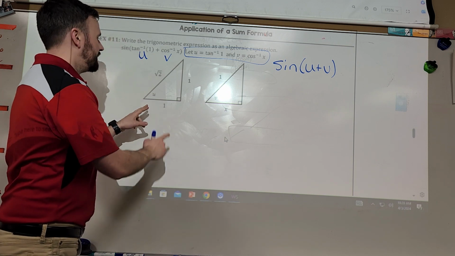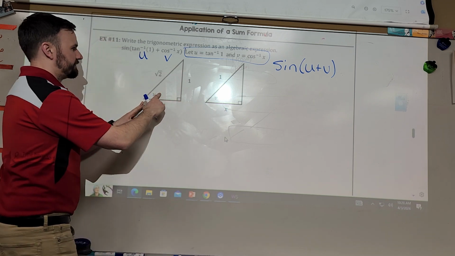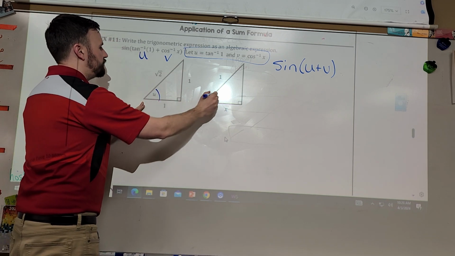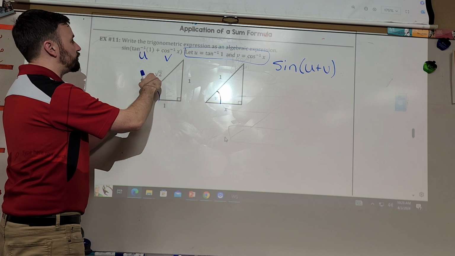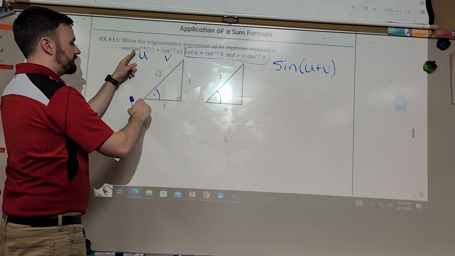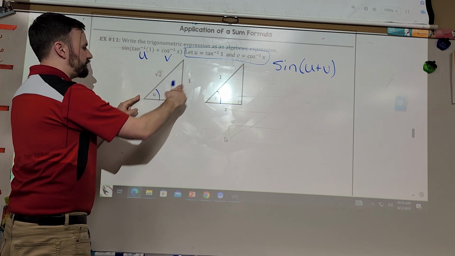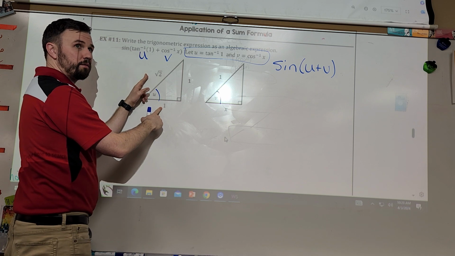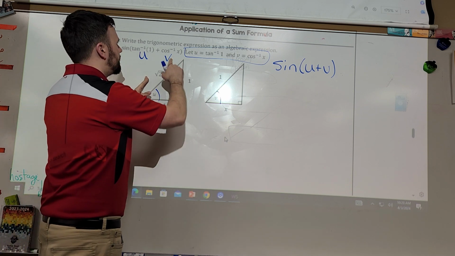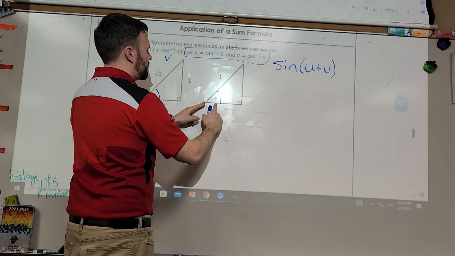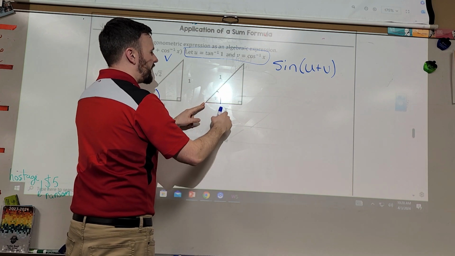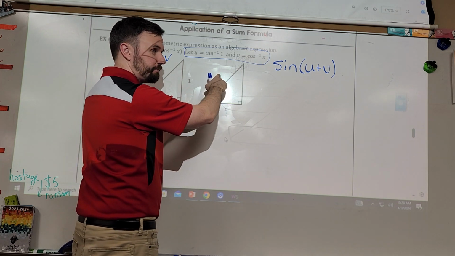Yeah, we're going to do a u and v. These are my triangles, correct? I made a u and a v. I used my ratios from this, correct? If tan is 1, it means it's 1 over 1 in root 2. If cosine of v is 1 over x, or x over 1, okay?